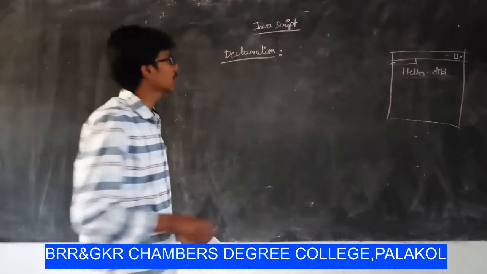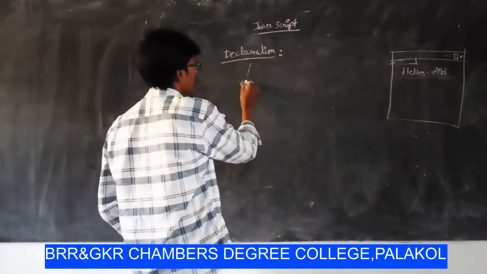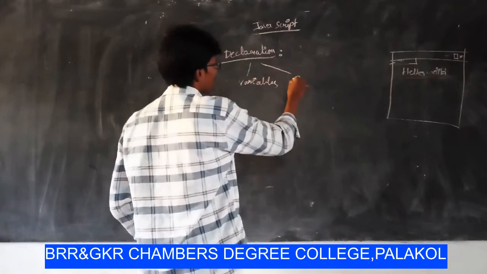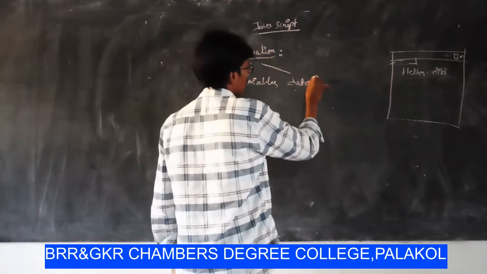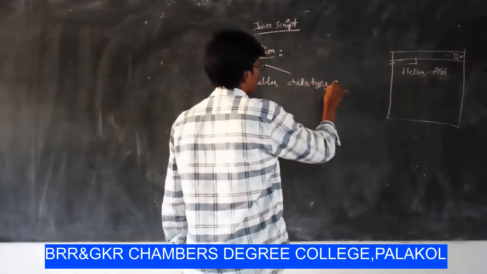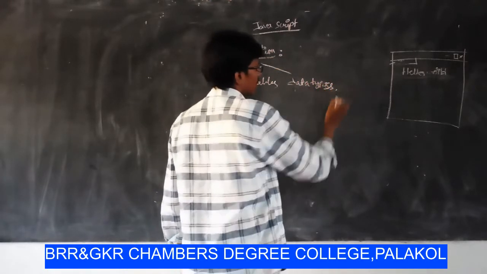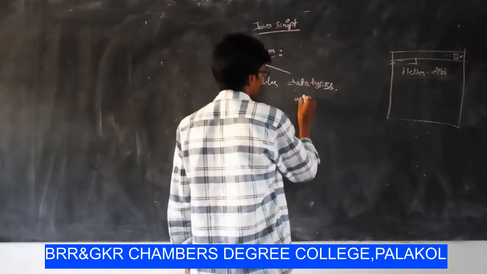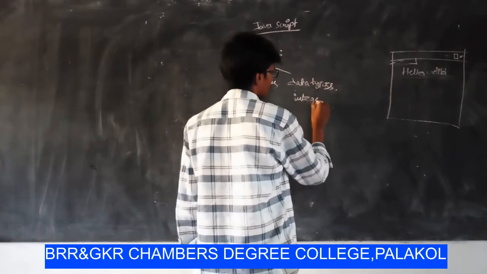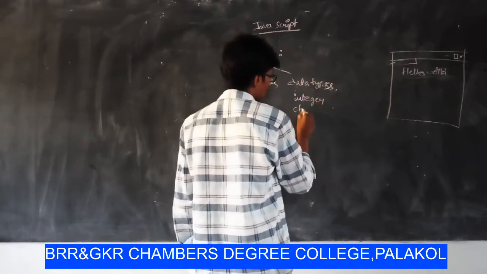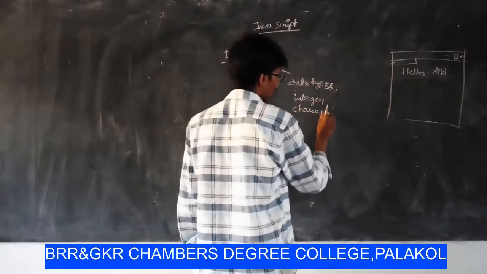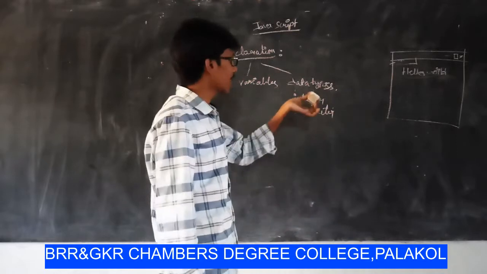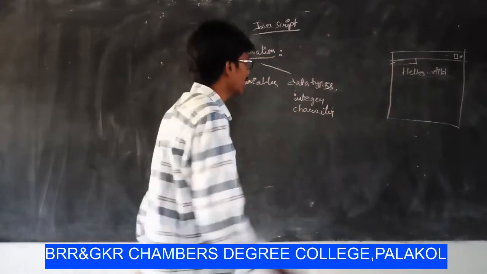Coming to the declaration part, there are variables and data types. In programming concepts, there is a list of data types available, that is integer, character types. Whatever variables we want to include, the type of category we can mention in the data type.